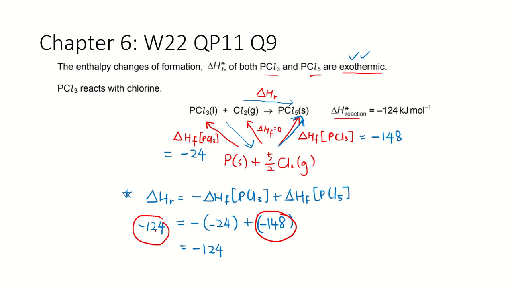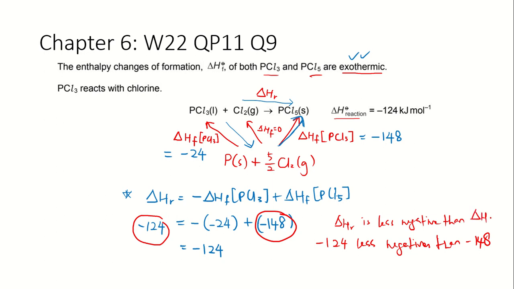Negative 124 is definitely less negative than negative 148. So delta HR is less negative than delta HF of PCl5.